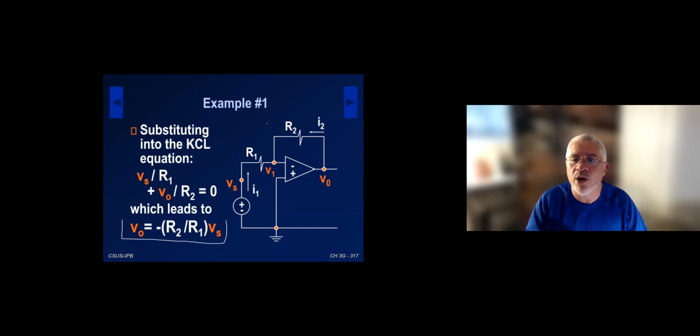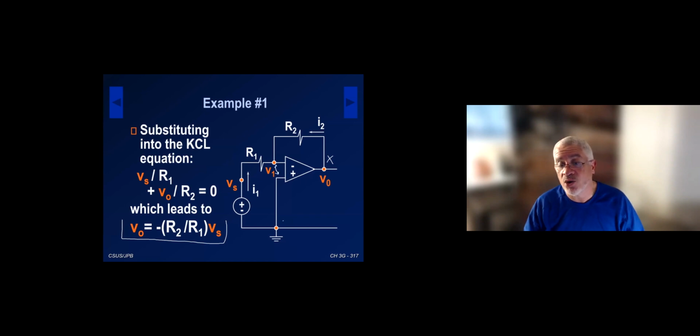Let me just reemphasize, when we have an op-amp, we're always going to have an ideal op-amp in this course. We're not looking for anything more sophisticated than that. When we look at an ideal op-amp, there is no KCL at the output. In this case, V naught is the output, so no KCL there. The two input terminals are at about the same value.